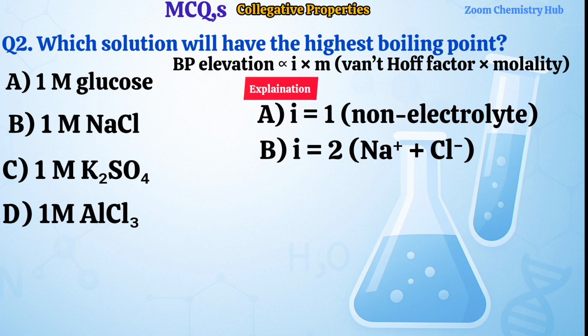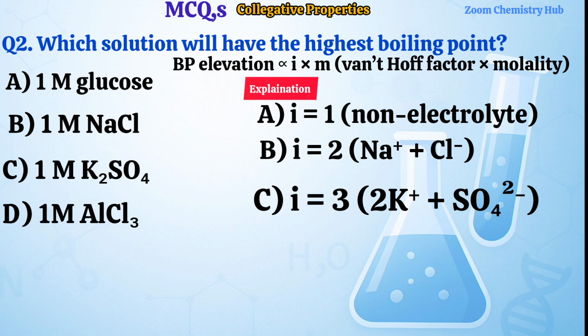Similarly, a 1 molar solution of potassium sulfate will ionize into 2 potassium ions and 1 sulfate ion, so the total number of ions is 3, so here the value of i is equal to 3.